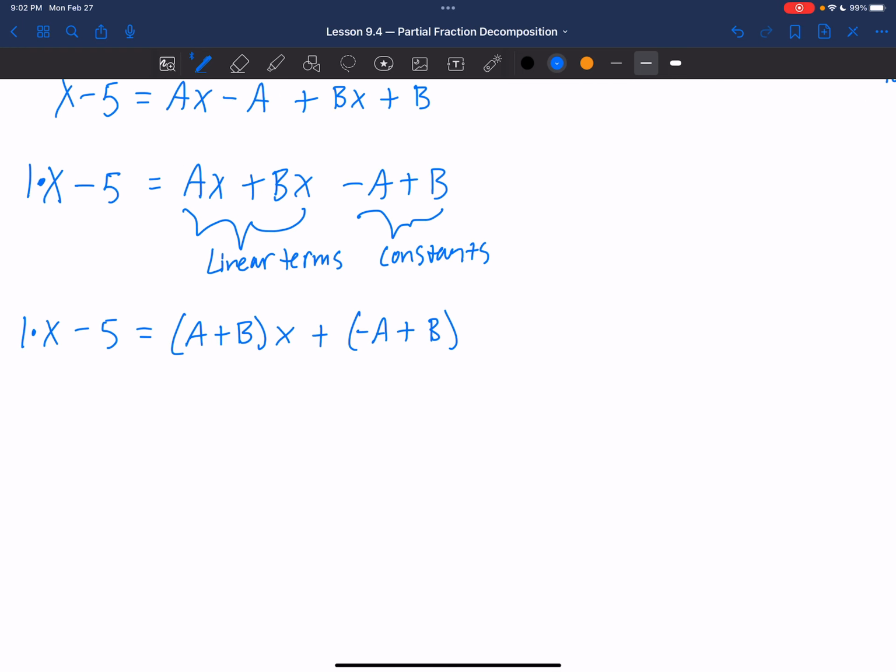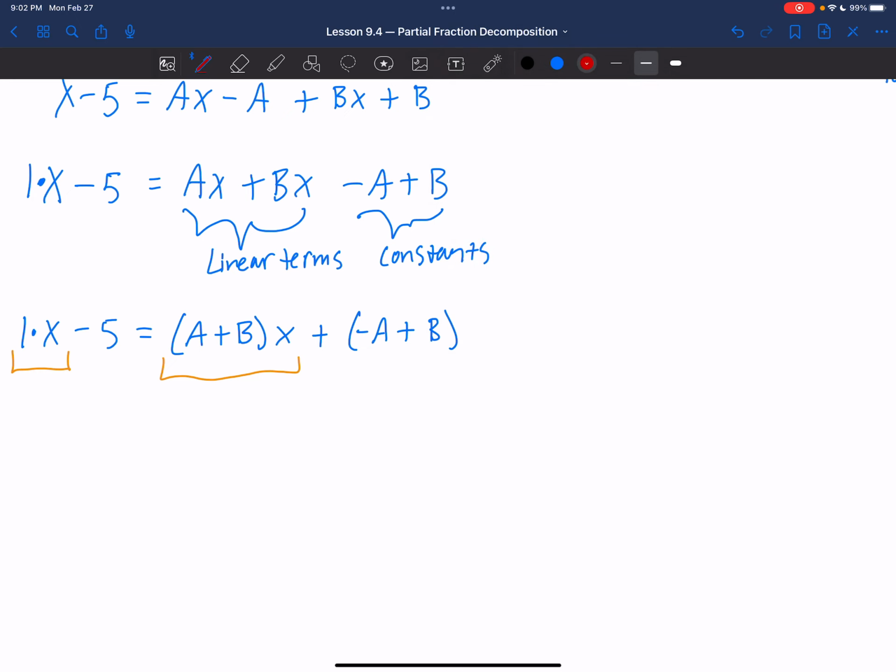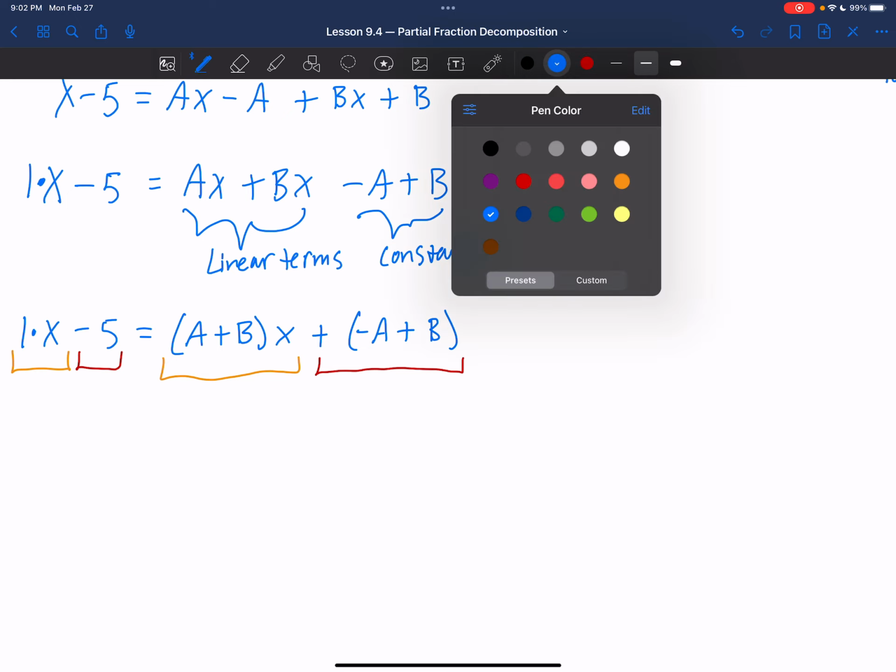Now, I want you to notice the comparison we're making here. 1 times x is equivalent to a plus b times x. Similarly, negative 5 is equivalent to negative a plus b.